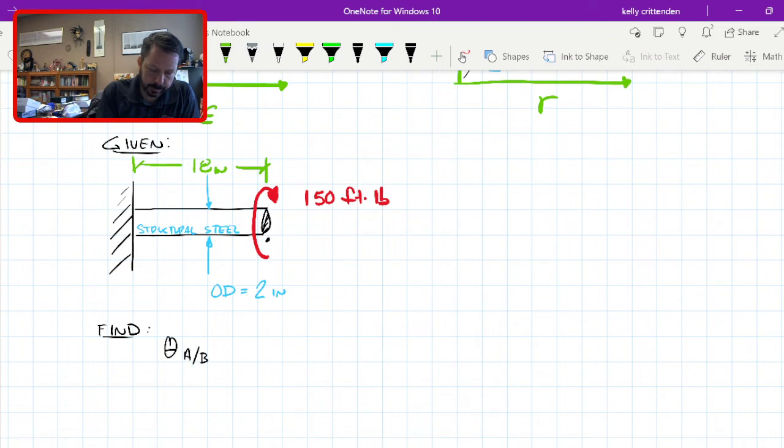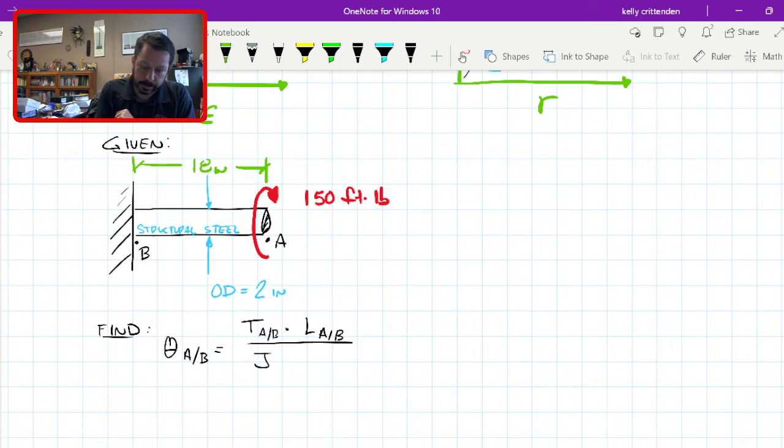We'll call this end A and the other end B. So the angle of twist along the whole length of the shaft equals the torque in that section AB times the length of that section, over the polar moment of inertia of that section times the modulus of rigidity for that section.